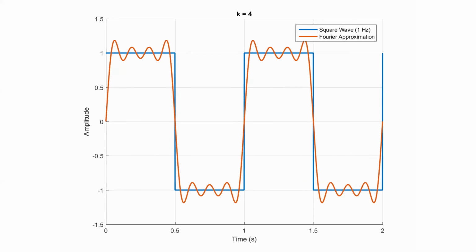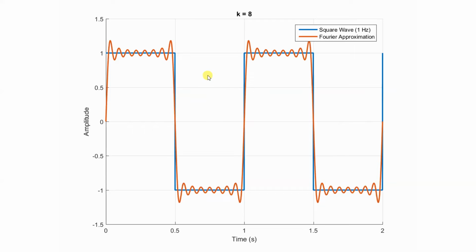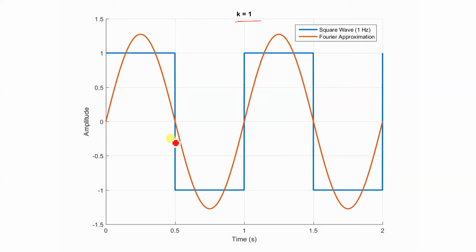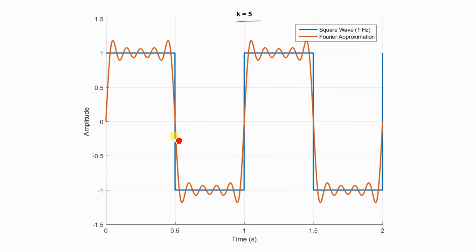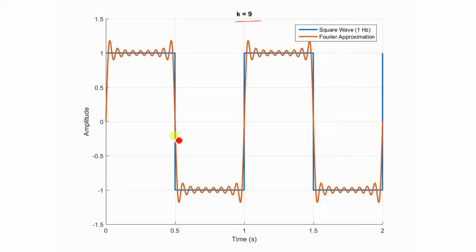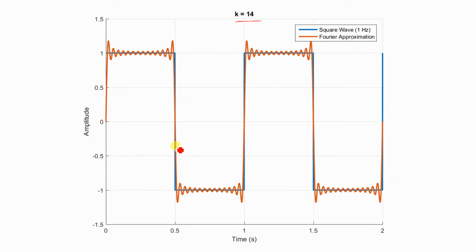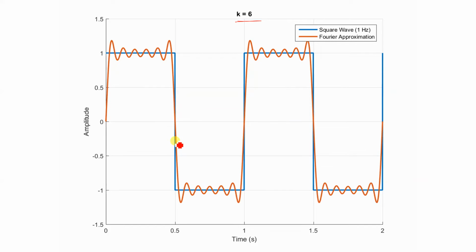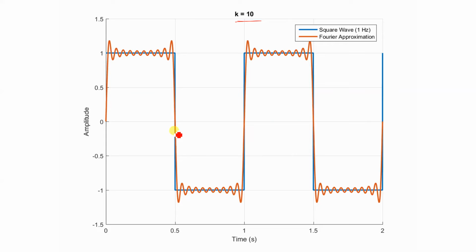So here you can see again, for different values of n, the graph of the Fourier series. And you can see the error becomes smaller and smaller as the number of terms increases. So the error decreases as the number of terms increases.